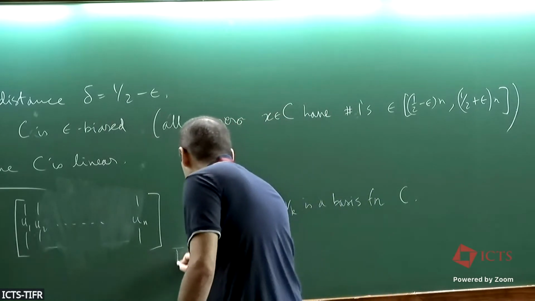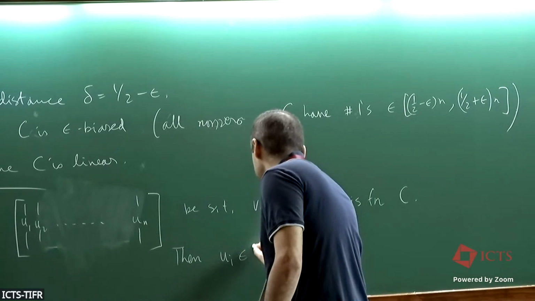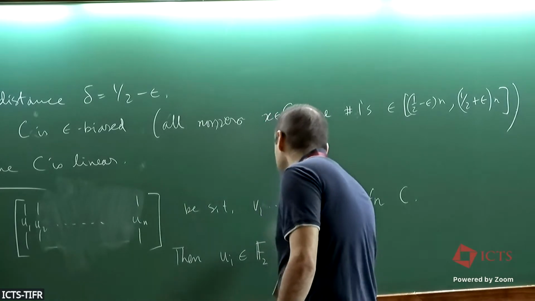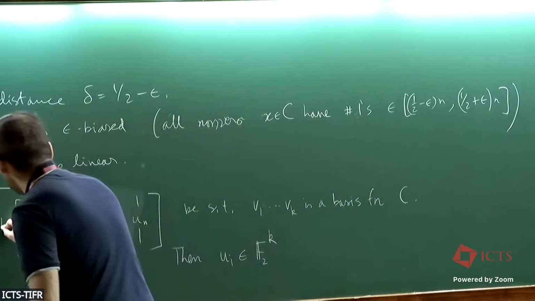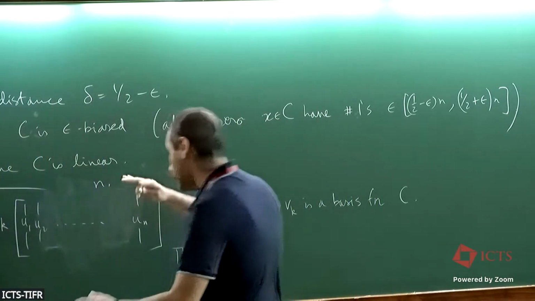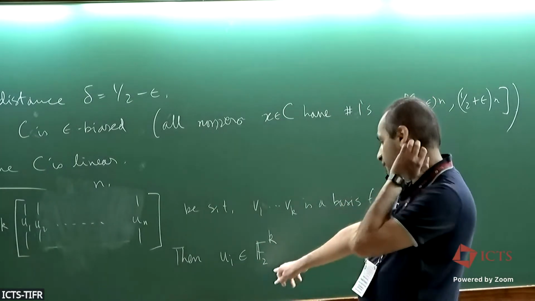Then the ui are elements of F2 to the k. This was a k by n matrix. The rows of it span the code, and I'm going to look at the columns. These ui are in F2 to the k.